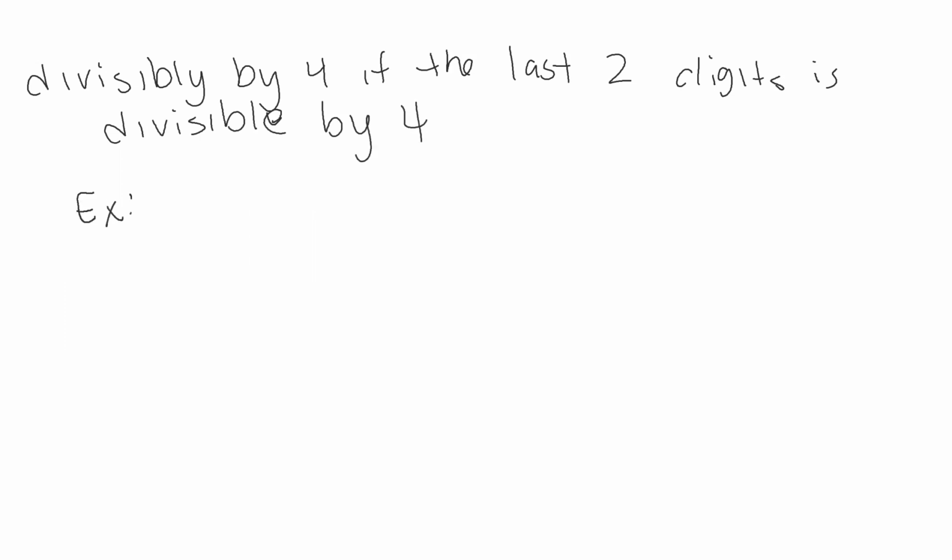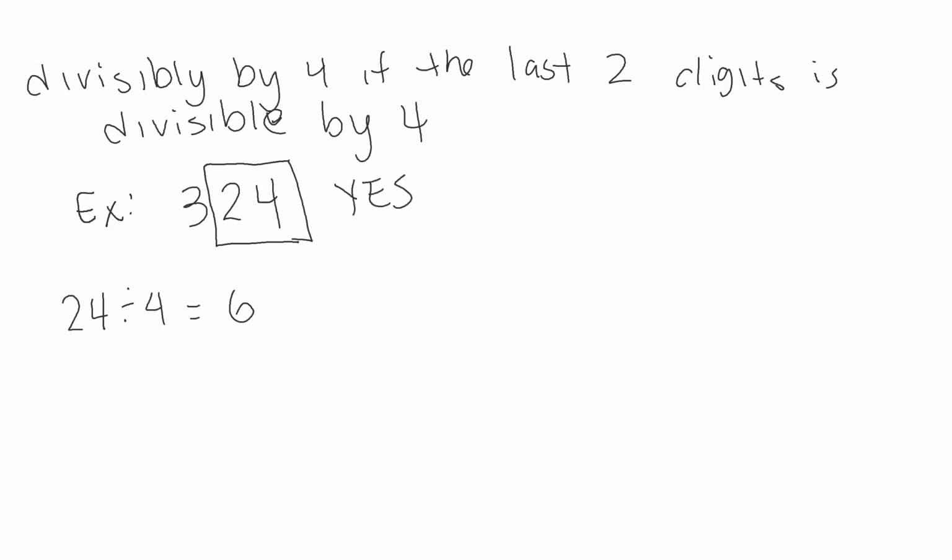So no matter what the number is, if the last two digits in the number are divisible by 4, the entire number would also be divisible by 4. So let's look at 324. We're going to look at just the last two digits, 24. Can I divide 24 evenly by 4? Absolutely. I would get 6. So this number is absolutely divisible by 4.